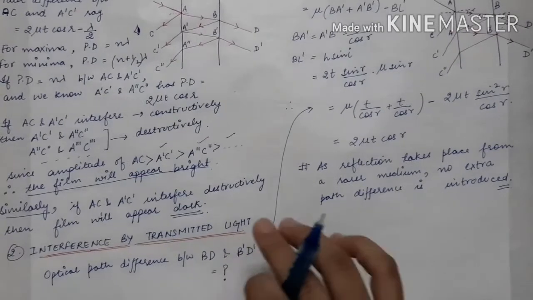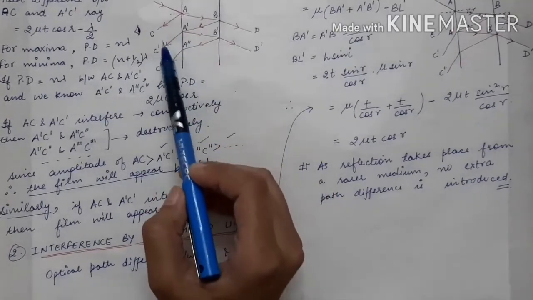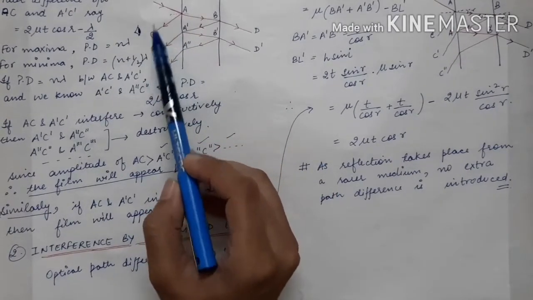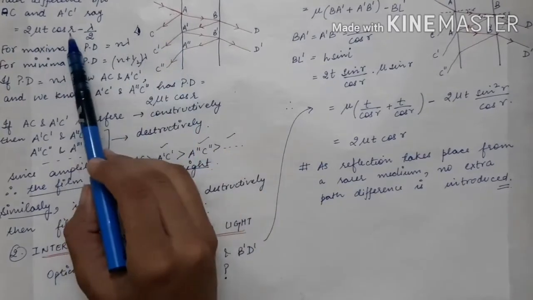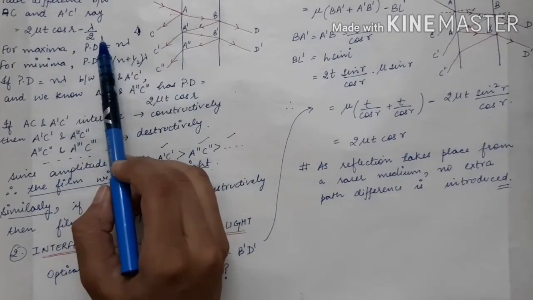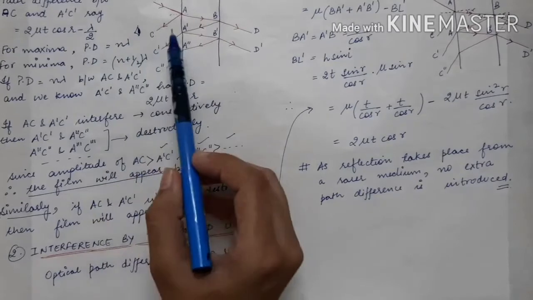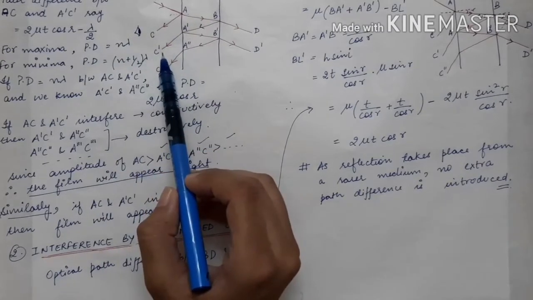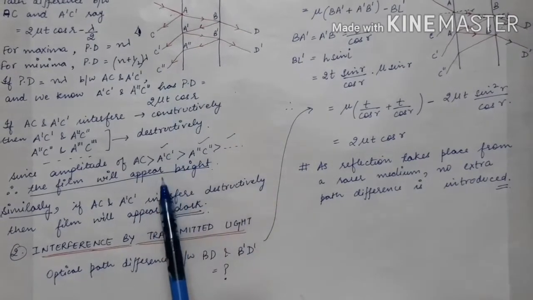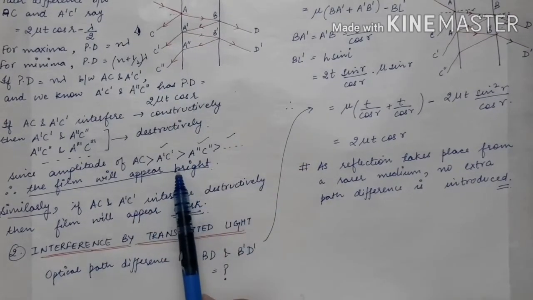Similar is the case when the first two reflected rays interfere destructively, that is 2 mu t cos r minus lambda by 2 is equal to n plus half lambda. So when the first two reflected rays interfere destructively, then all other reflected rays will interfere constructively.